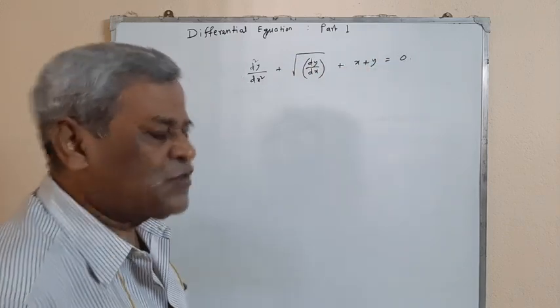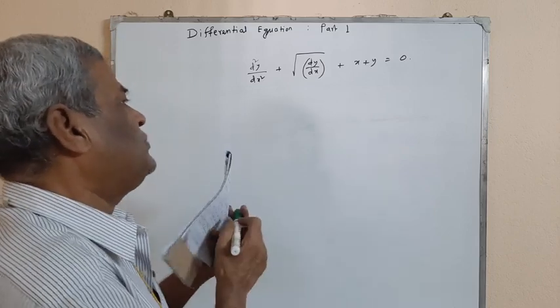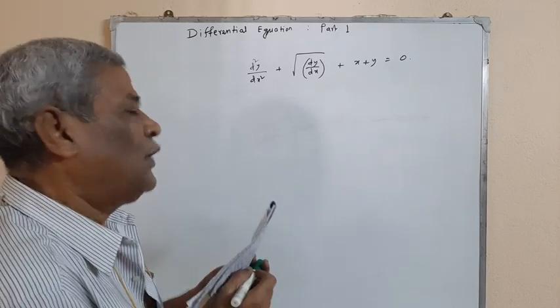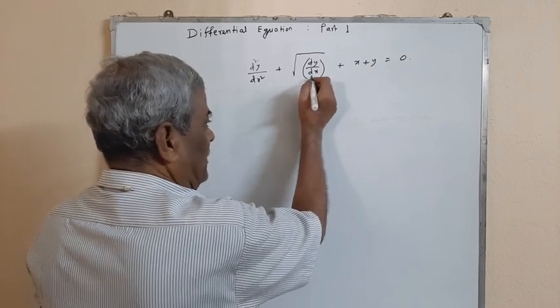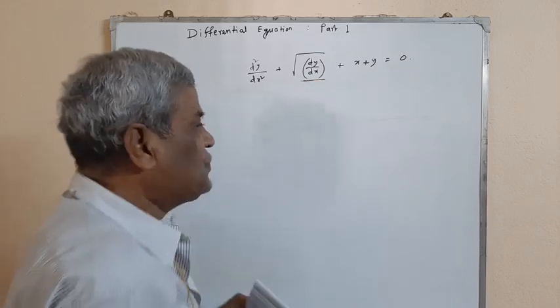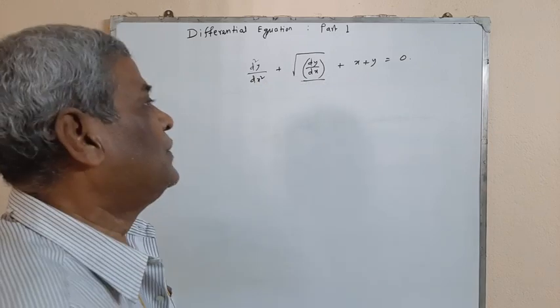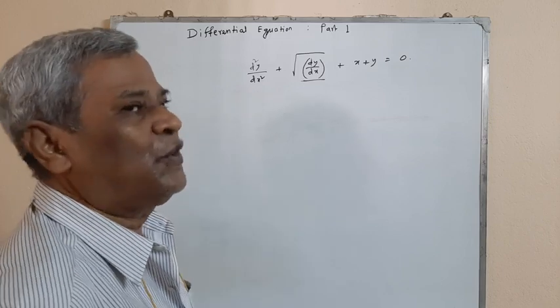Its order is very simple, the highest order derivative present here is 2, so the order is 2. Its power is 1, so its degree is 1? It is not, because the power of the derivative dy/dx is half. This is not an integer. So its order is 2, but the degree is not 1.